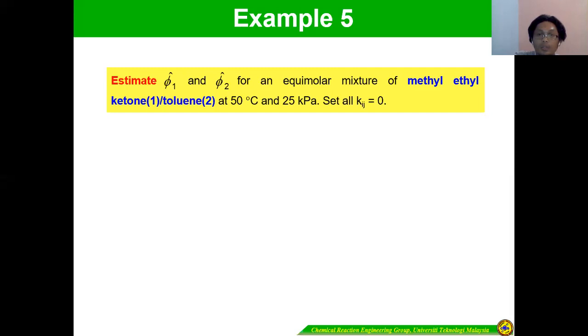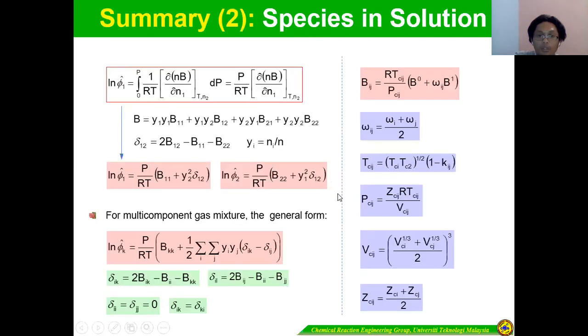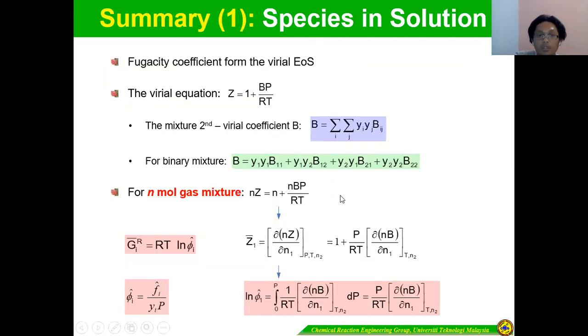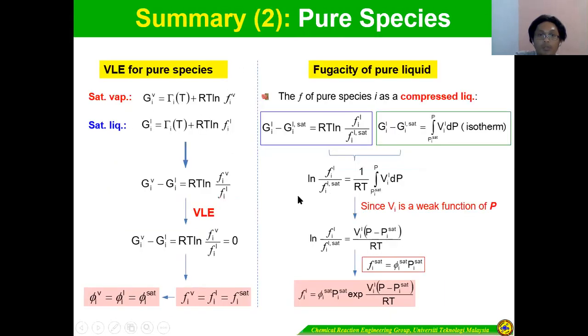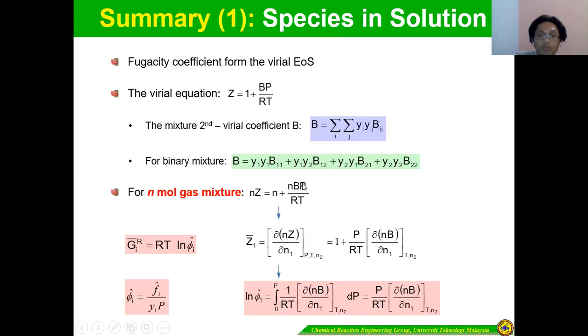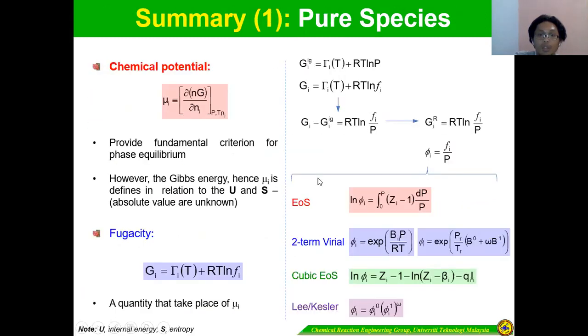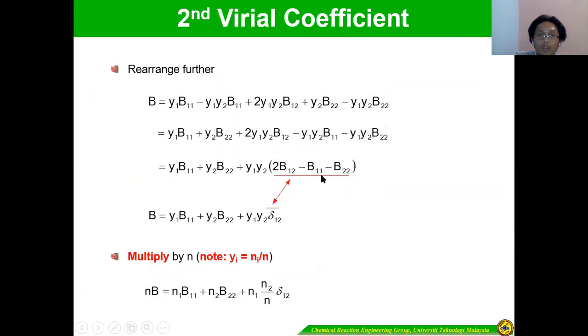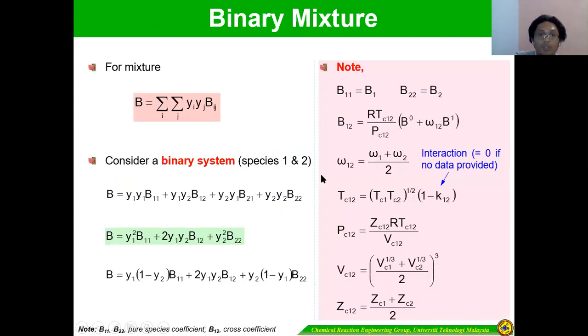If you remember, we only apply the method of the virial equations. This is all that we cover for this part. For the species in solution, we have to apply this equation, the second virial equation.